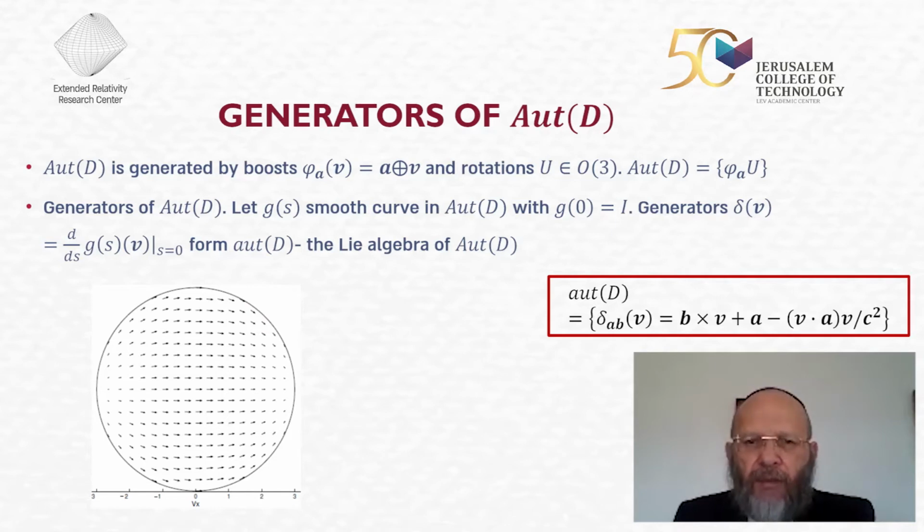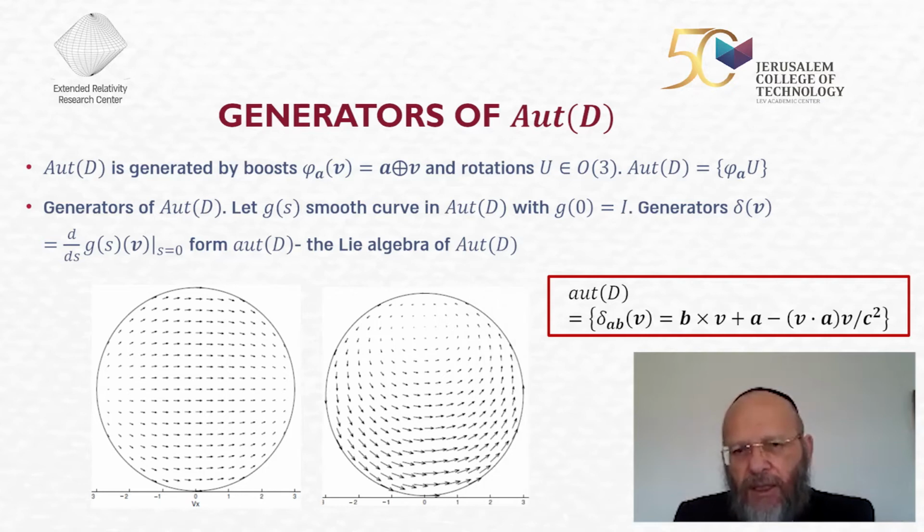A vector field belongs to the Lie algebra in order to keep the boundary of the domain within itself. So on the boundary, it has to be tangent to the boundary. Now, if you also have rotations, then this is how the vector field looks. Once more, it is tangent on the boundary, but it has a rotation inside.